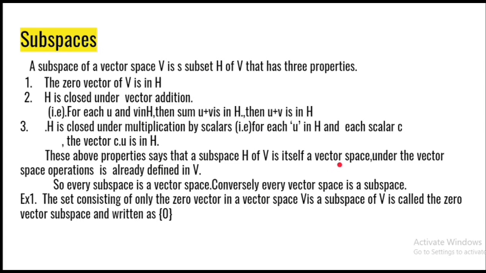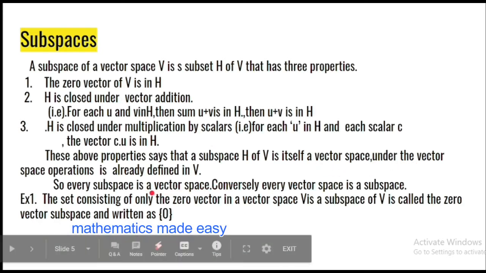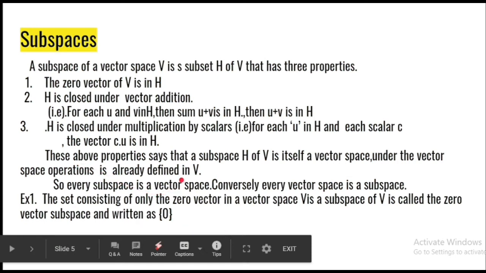Because these three properties are already in the vector space: the closure property u plus v, the closure of c times u, and the additive identity 0. The operations are already defined in V. So by this we can say every subspace is a vector space.